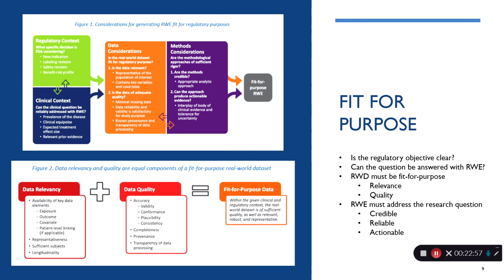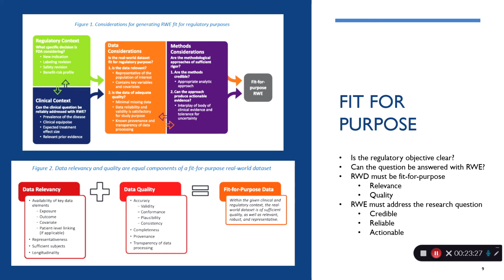So just because you can use real world data doesn't mean you should just grab the first bunch that comes your way. Is that data going to be relevant to your research question? And is it of high enough quality to be of value? And then your overall real world evidence must address the research question. Is it credible? Is it reliable? And is it actionable? Can a regulatory agency actually take action based on the evidence that you've generated from the real world data sources that you used?